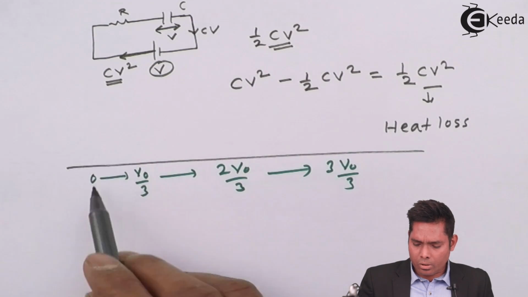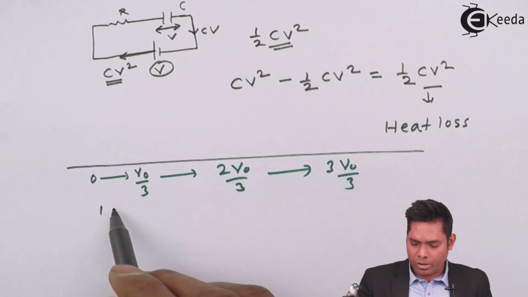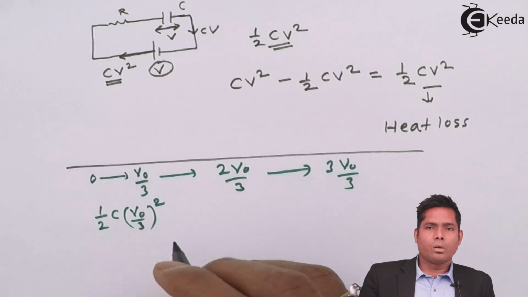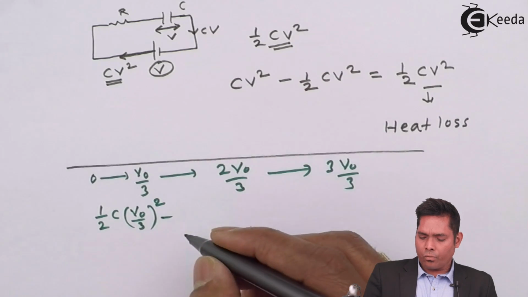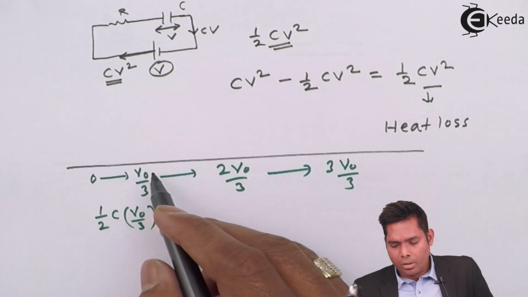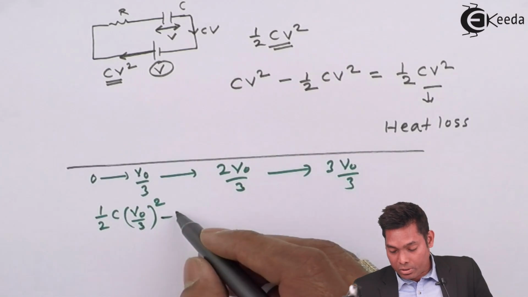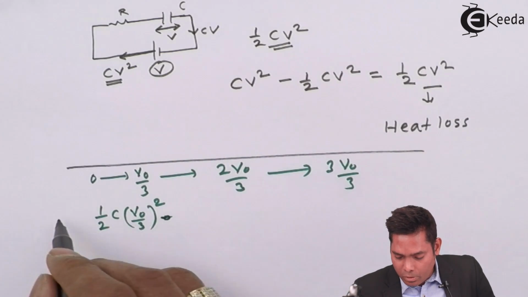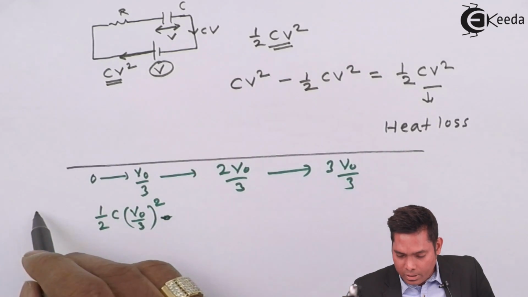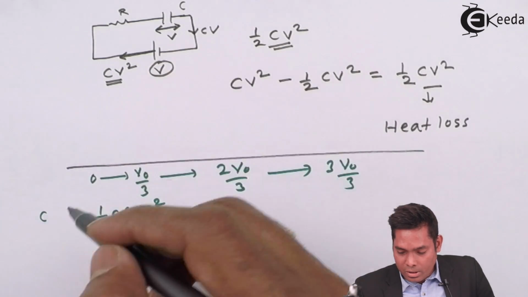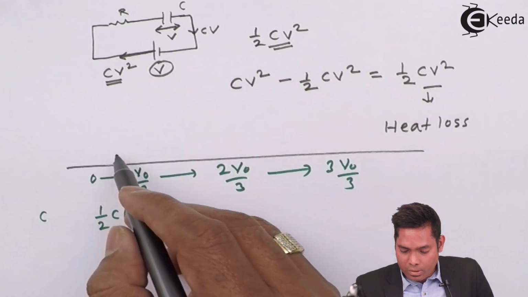So from here to here, the final energy stored in the capacitor is half of C V naught square, this square, minus the work done by the battery. You have to subtract the energy stored from the work done by the battery, that is C into V. How much charge flows?